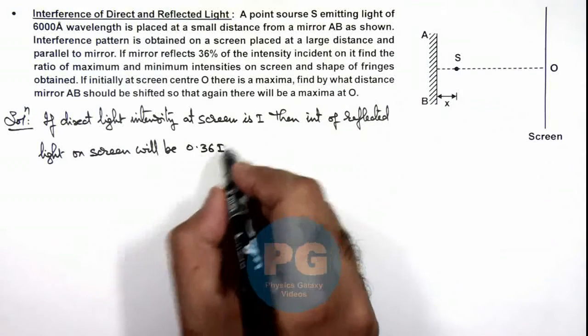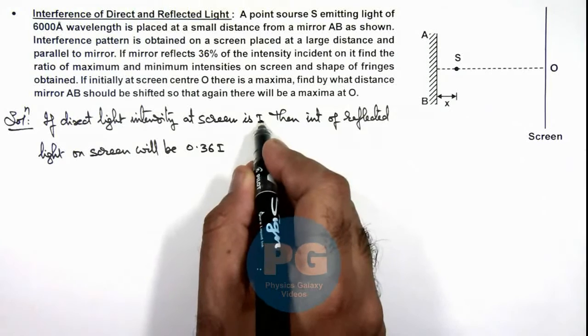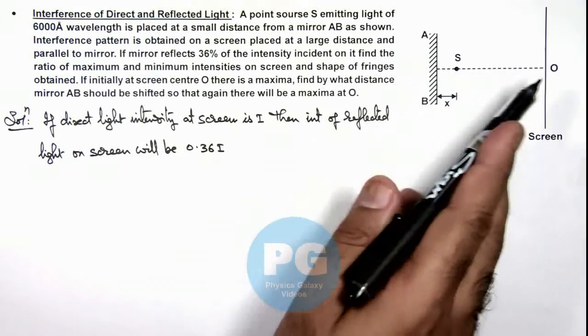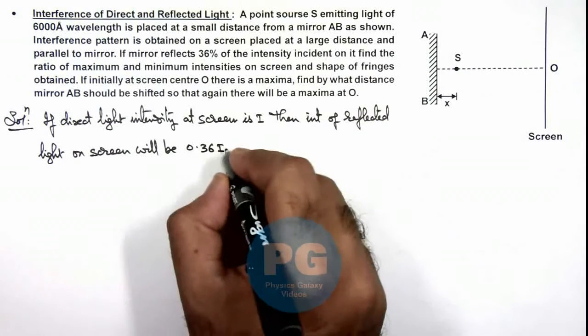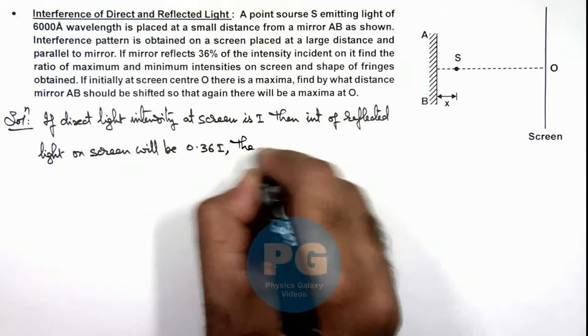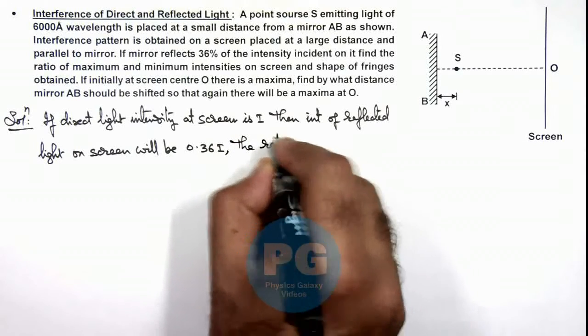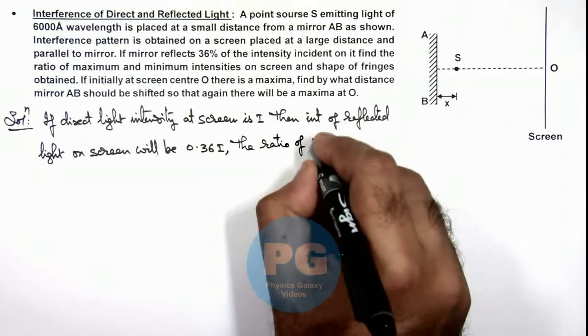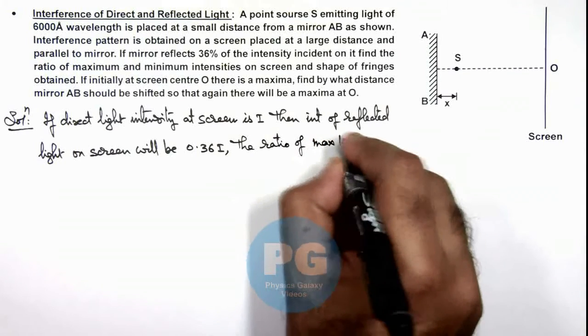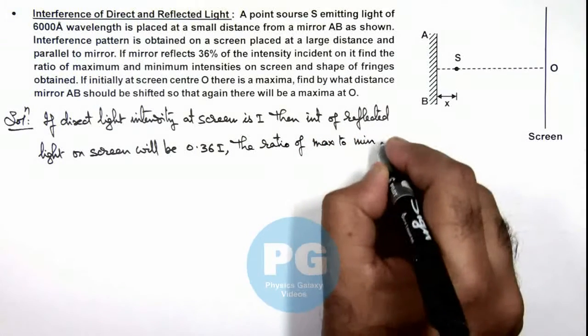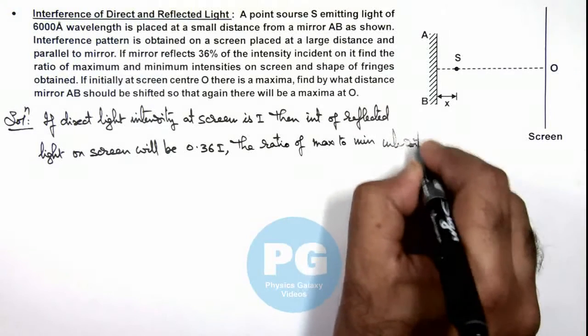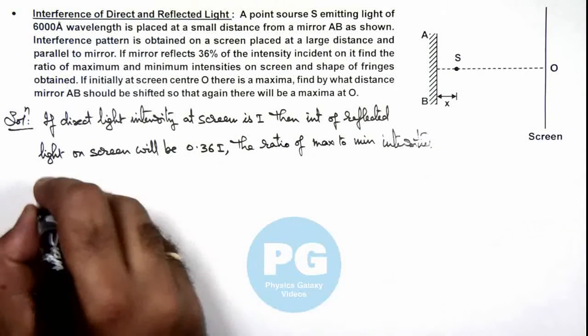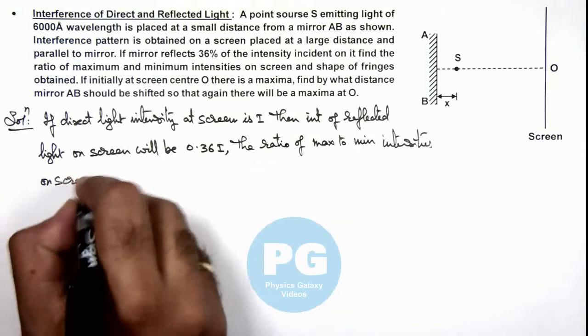So here, as we have the intensities of the two lights which are reaching a screen, we can directly write the ratio of maximum to minimum intensities on a screen.